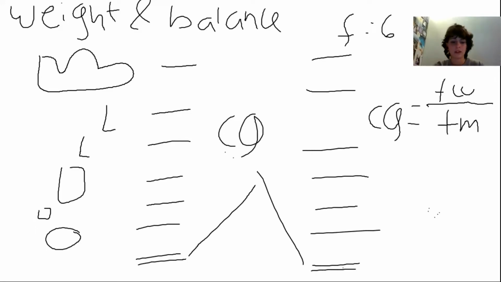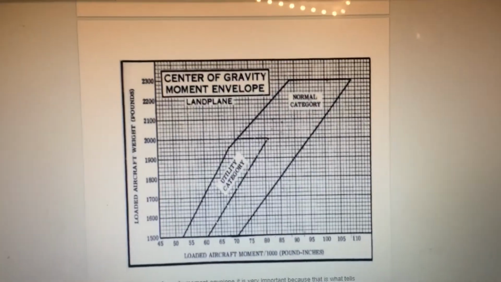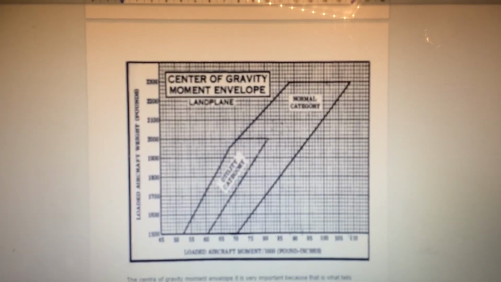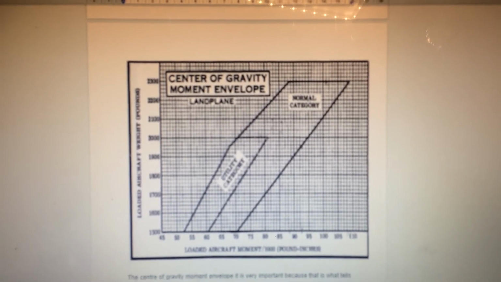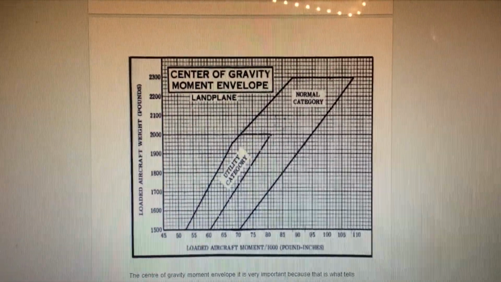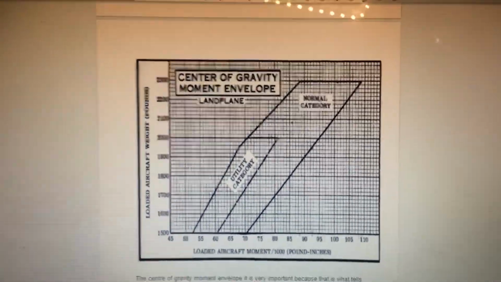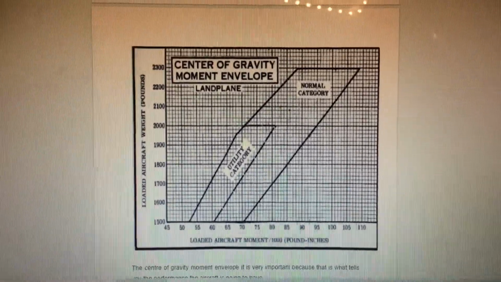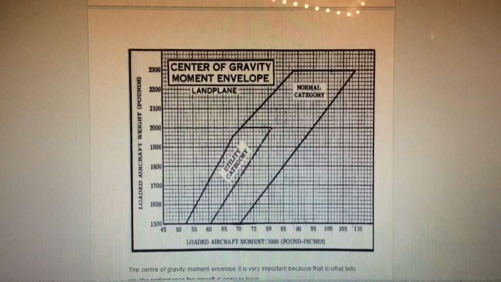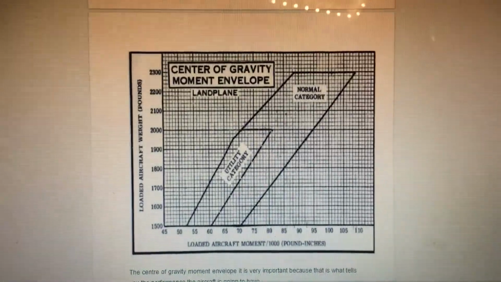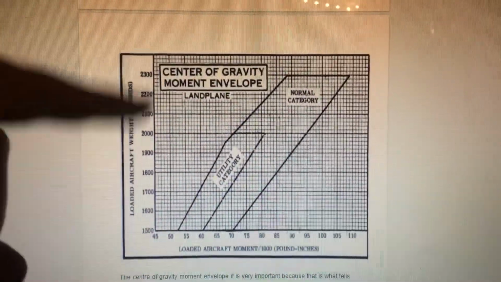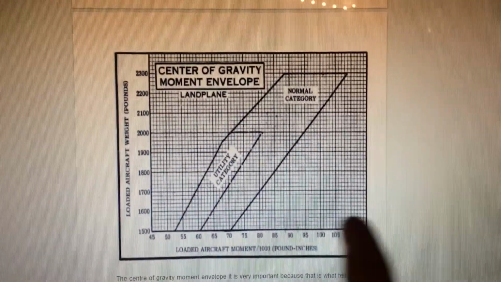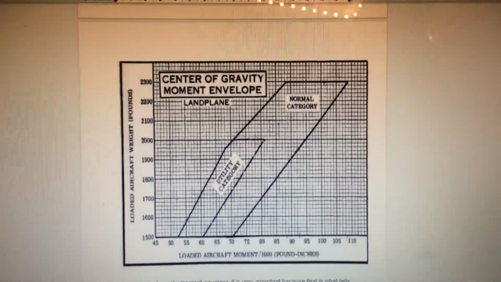Okay, now we head up to our envelope, the center of gravity moment envelope. This is going to tell us how much load the plane can handle, or how much weight the wing can support. You can see that on this side it's the weight, and on this side it's the moment.